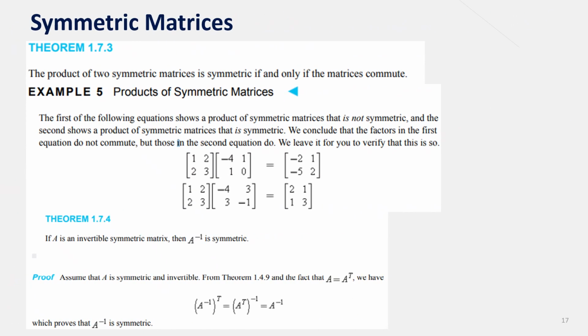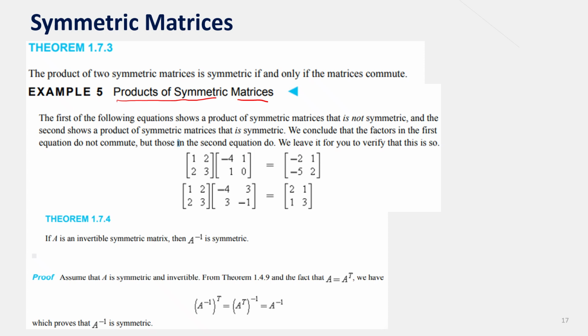Okay, earlier we talked about the symmetric matrix and inverse. Now we explore more about the product of symmetric matrices in an example.